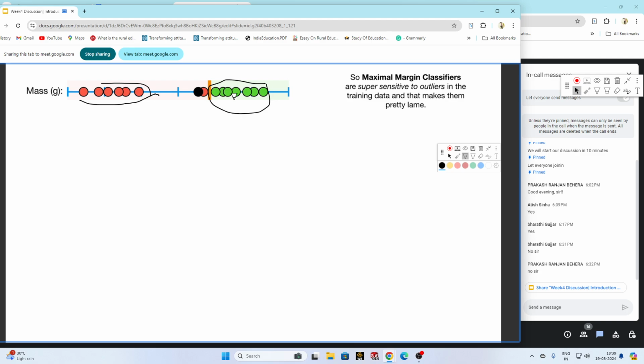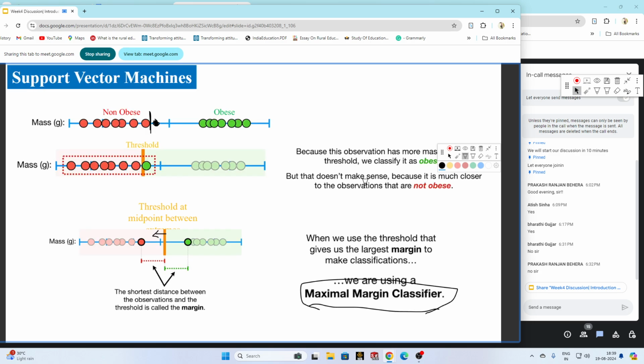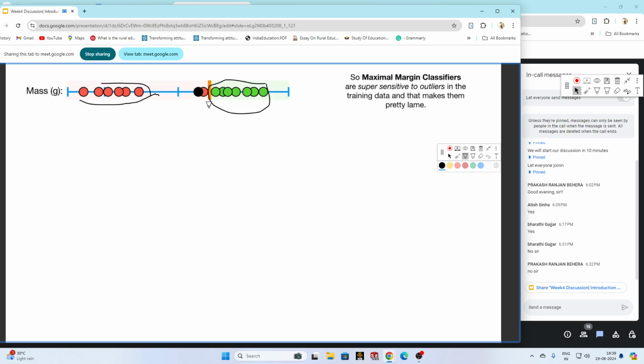Now if we follow the same process over here, these are the two extreme points, right? Whenever we put our threshold exactly in between these two extreme points and we have a new data point for inference, this will again not give you the right predicted class.